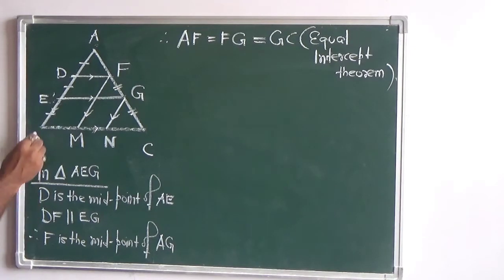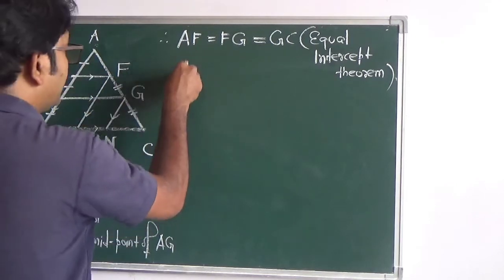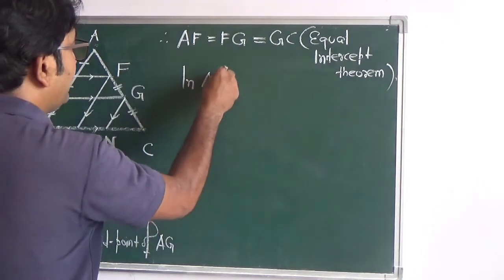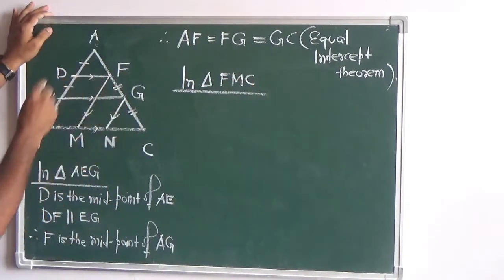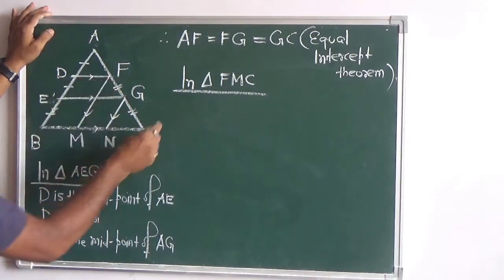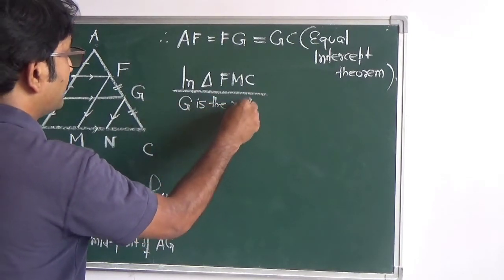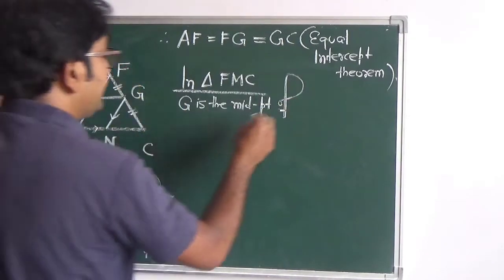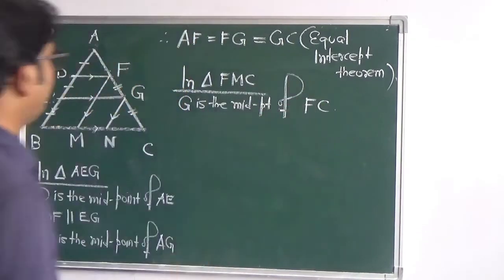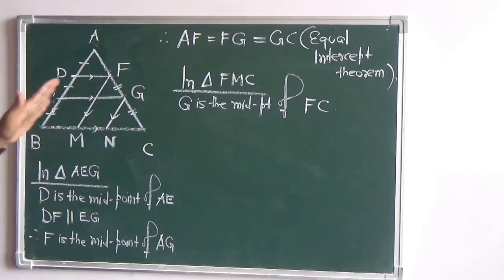Now we need to prove that BM, MN and NC are equal. Now let us look at the triangle FMC. In triangle FMC, G is the midpoint of FC. And also you are given that GN, FM and AB are all parallel lines.